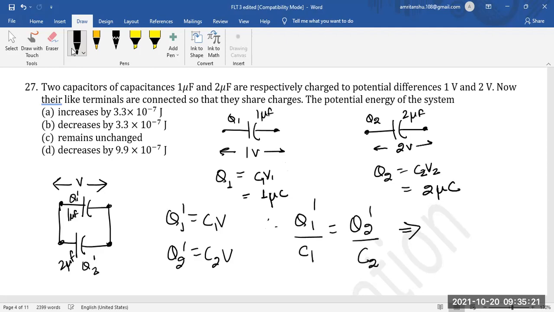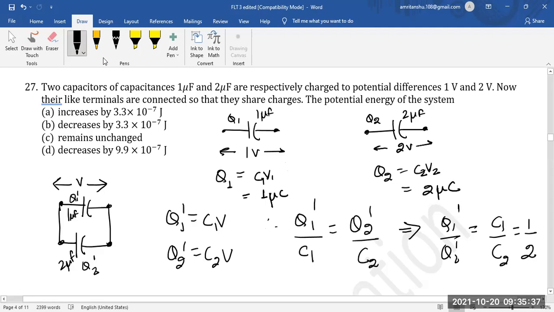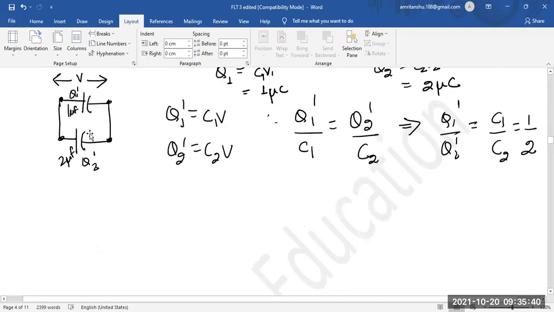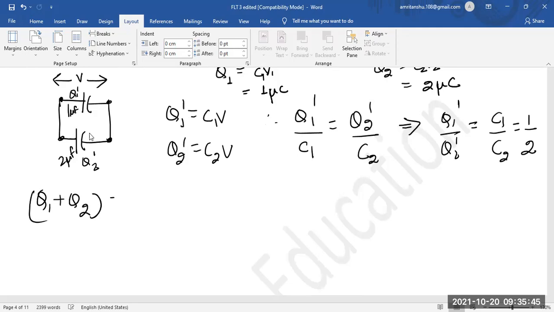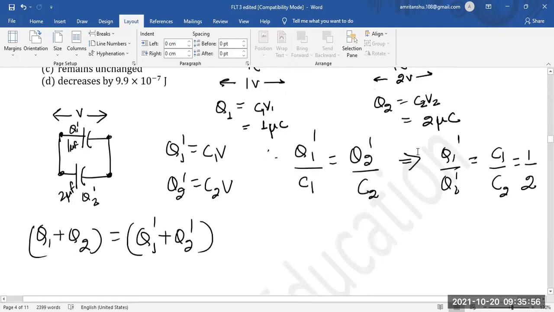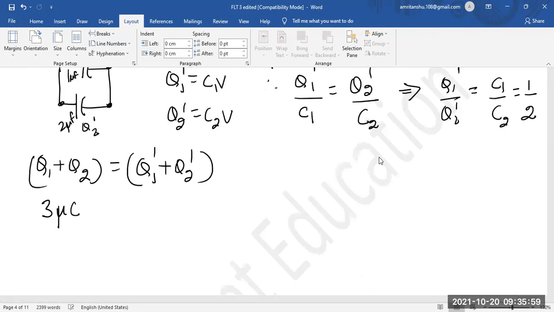It implies Q1 dash by Q2 dash, that is after joining, is going to be C1 by C2, which happens to be 1:2. Now, we all know net charge is going to remain the same, that is Q1 plus Q2 is going to be Q1 dash plus Q2 dash, and we know this is in the ratio 1:2. Before this, Q1 plus Q2 was 3 microcoulombs.